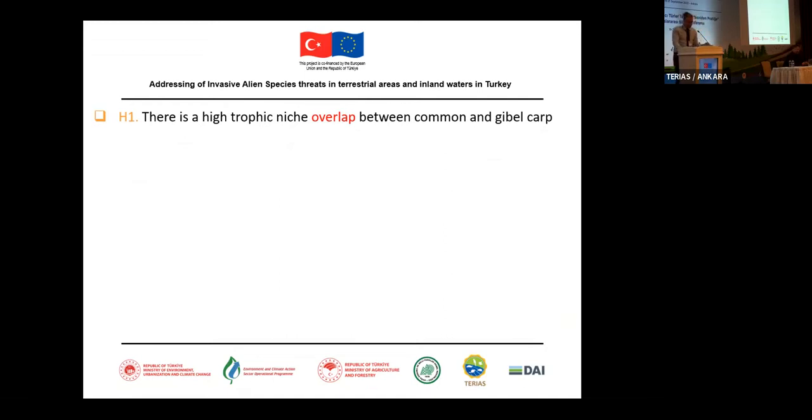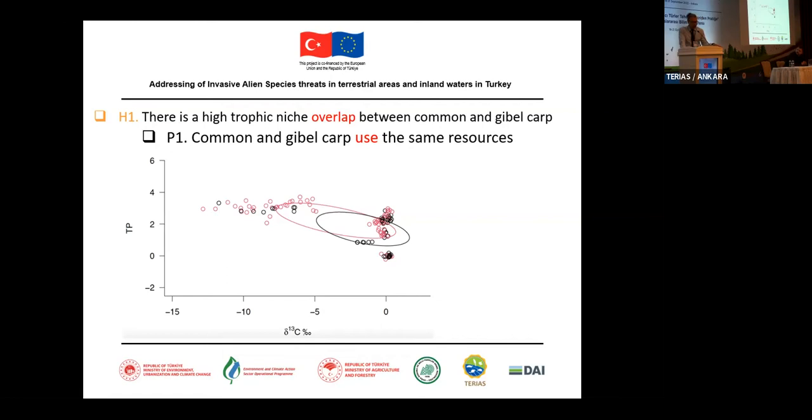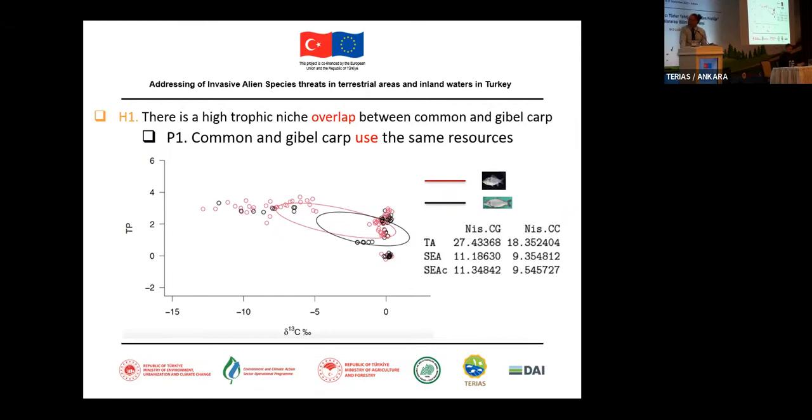So I will go through them in a similar way to see if our hypotheses or predictions are supported or not. As you see in the first hypothesis, we want to see if there is a high trophic niche overlap between common carp and gibel carp. And our prediction is yes, common carp and gibel carp probably use the same resources. And this is somehow confirmed: as you see, there's a high overlap between gibel carp and common carp, and they used the same resources.